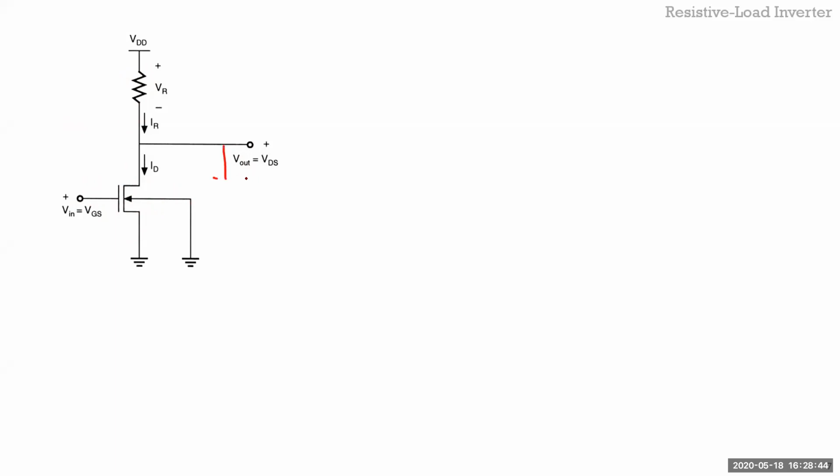In VLSI, there's always a cap here, which is routing plus its own cap plus the gate cap or whatever cap is in the next gate, right? So you have this capacitor which is being charged. After some time, 5 times tau or so, this will charge to VOH. In this case, it will charge all the way to VDD because there's no current when this is off, right?